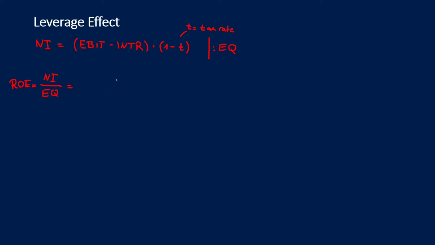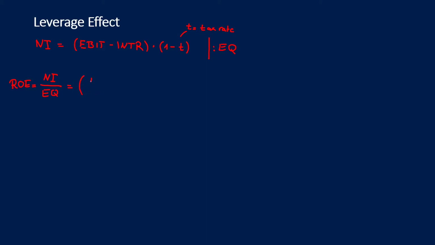On the right-hand side of the formula, I can now decide which part of the formula I want to divide. I decide for the brackets here, and I could now divide the whole bracket or each individual item. I decide for each individual item.